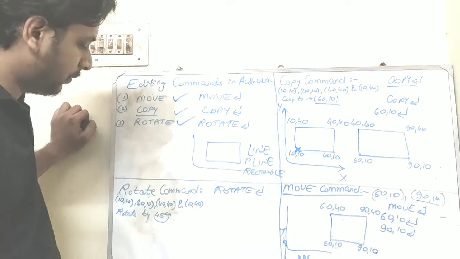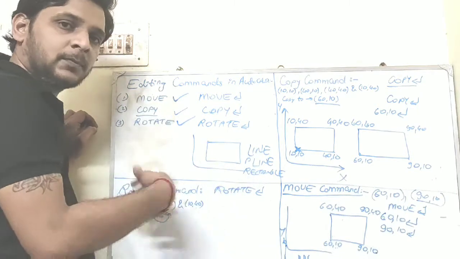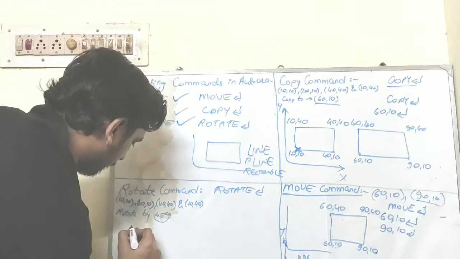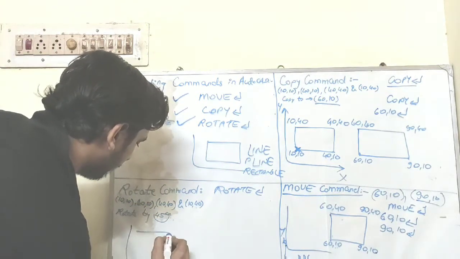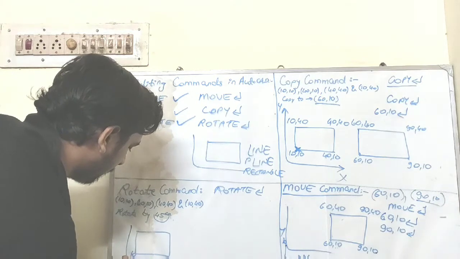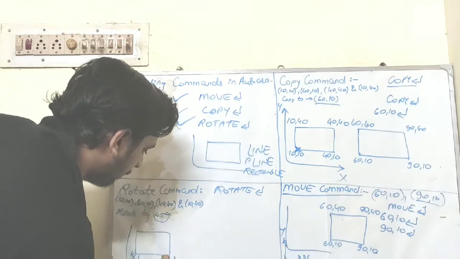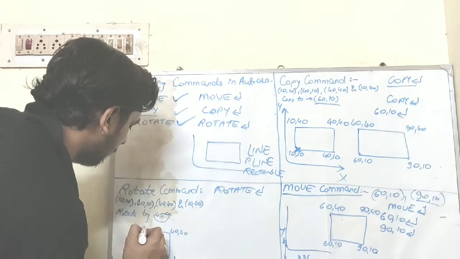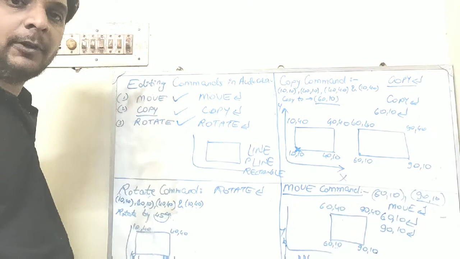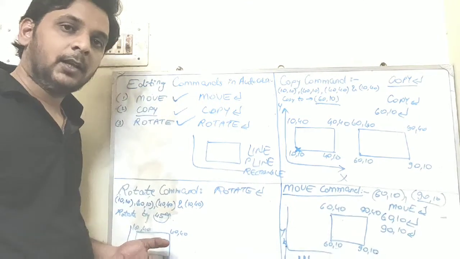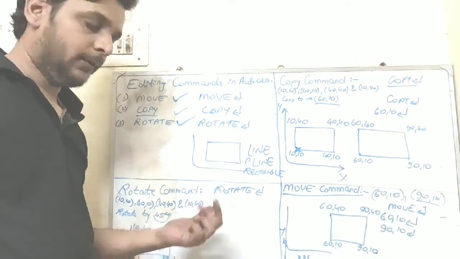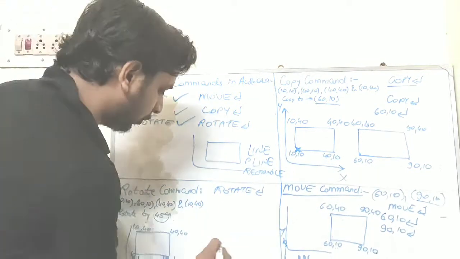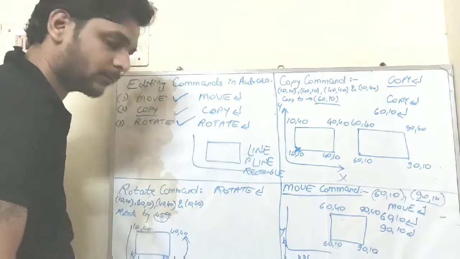So let us take a rectangle already constructed with the given coordinates 10 comma 10, 40 comma 10, 40 comma 40 and 10 comma 40. Now what we have to do, we have to rotate this rectangle at an angle of 45 degrees with the horizontal in counterclockwise direction. That means we have to rotate in this direction.